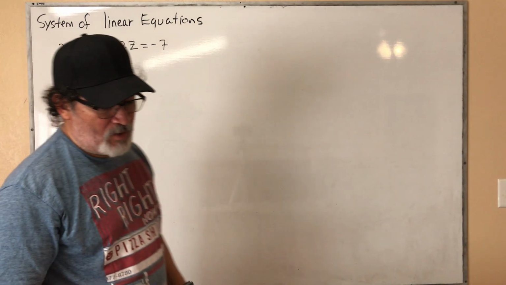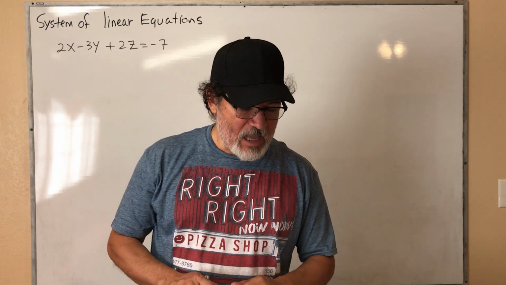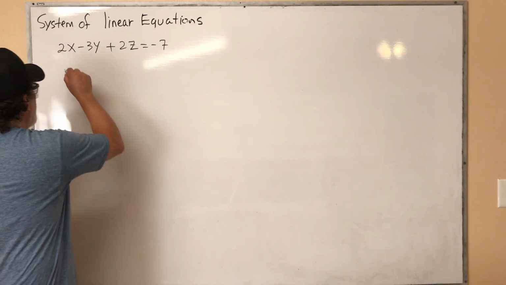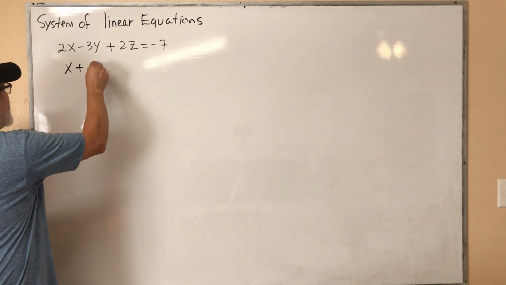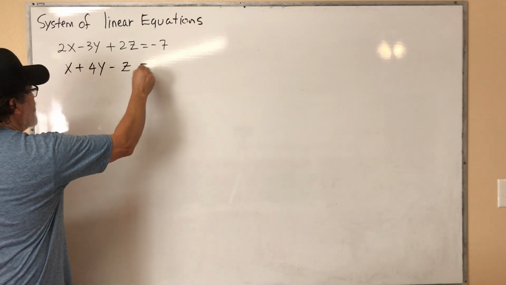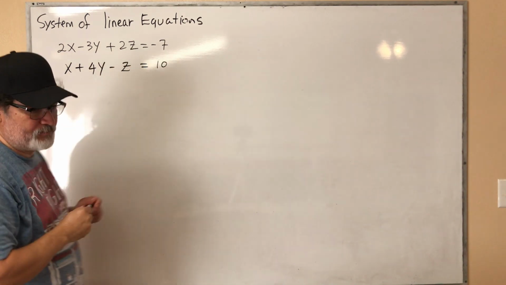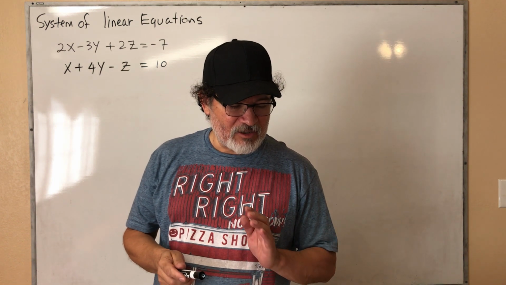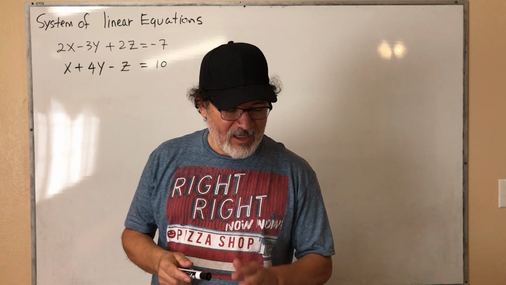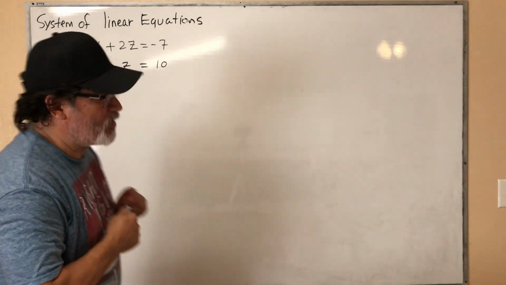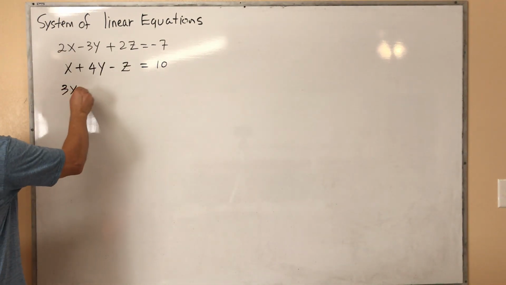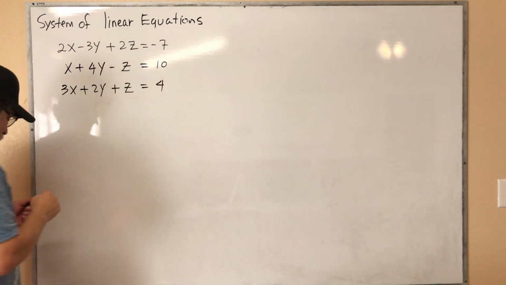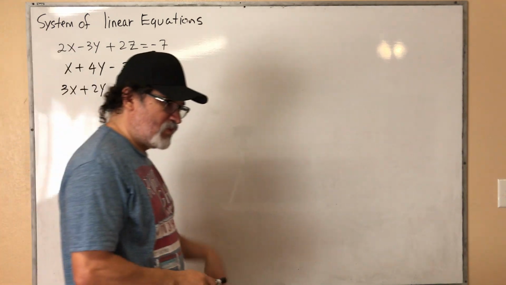Here's another one. x plus 4y minus z equals 10. One more equation. 3x plus 2y plus z equals 4. Okay. And there we go.